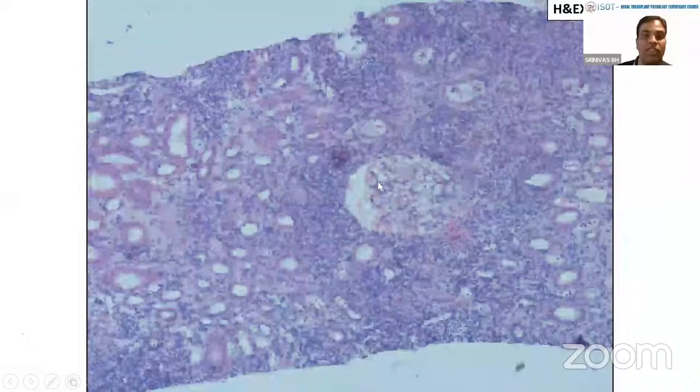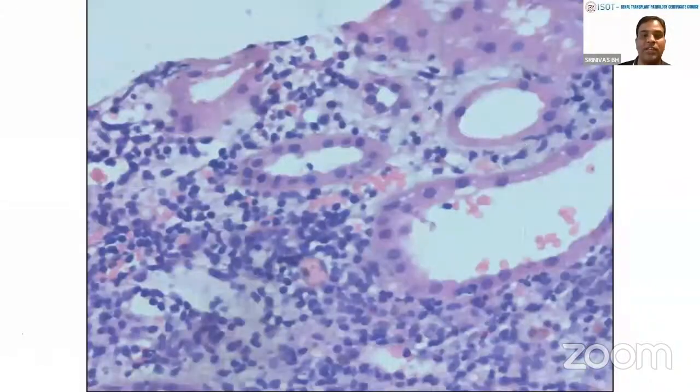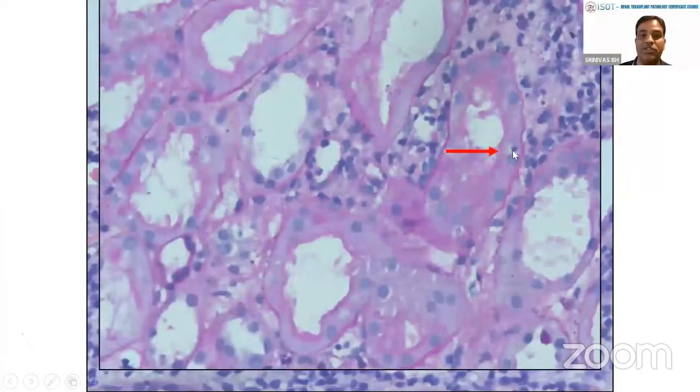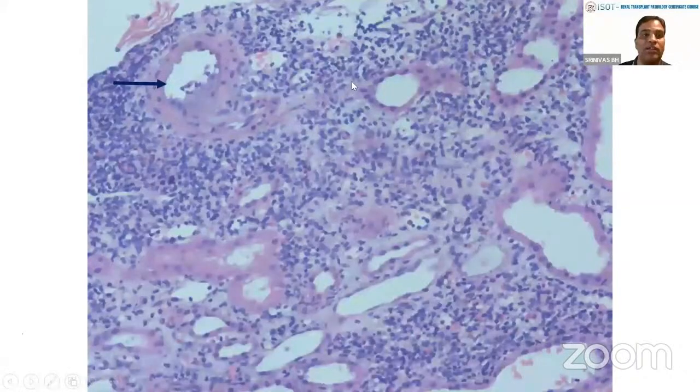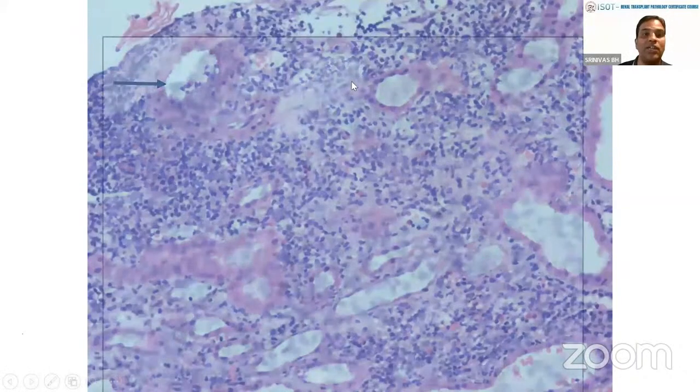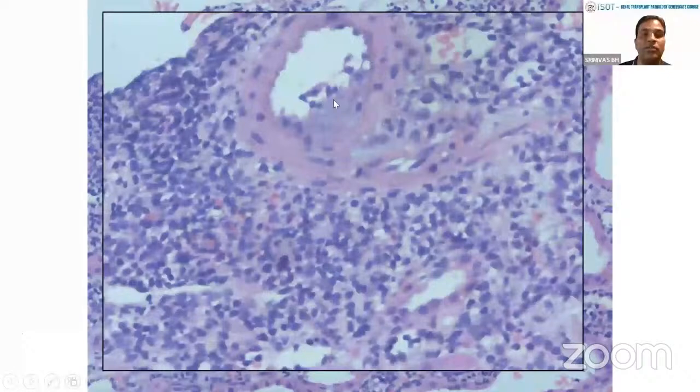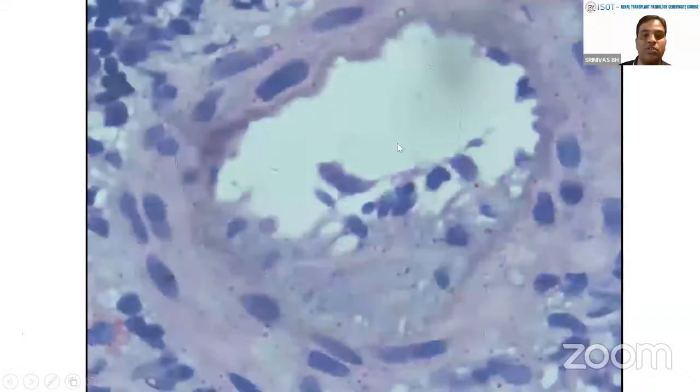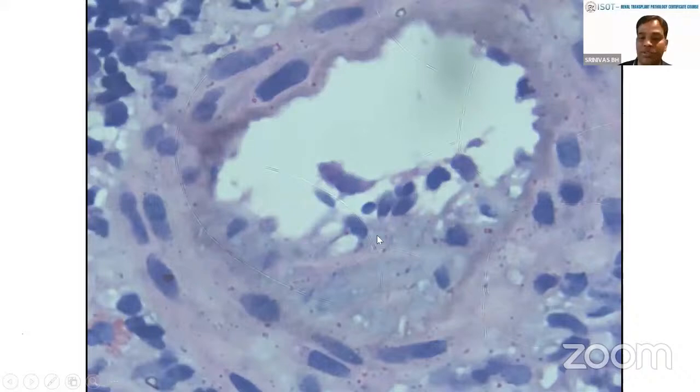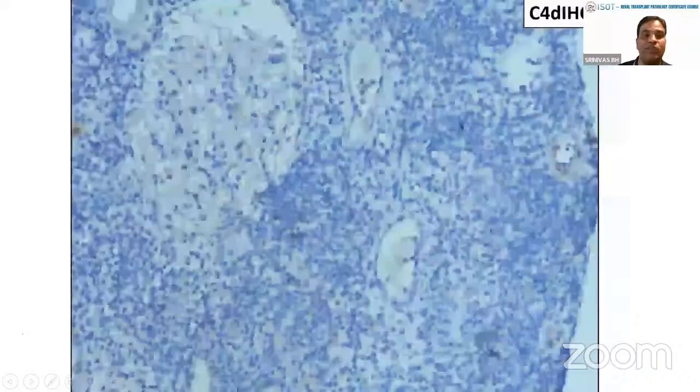Occasional tubules show lymphocytic tubulitis on the PAS section. In some of the arteries, you can appreciate lymphocytes as well as some eosinophils lifting the underlying endothelium.